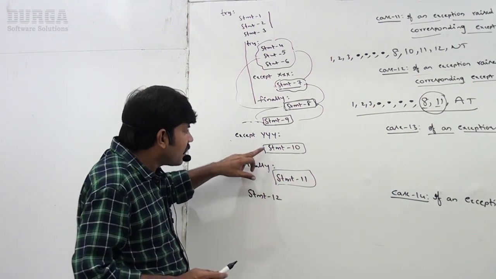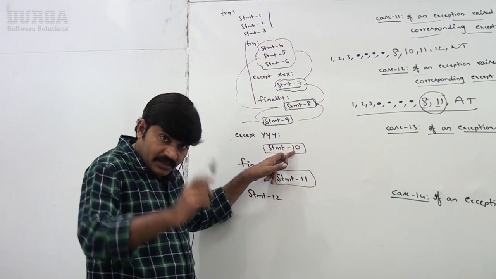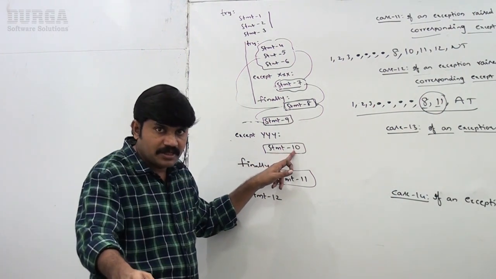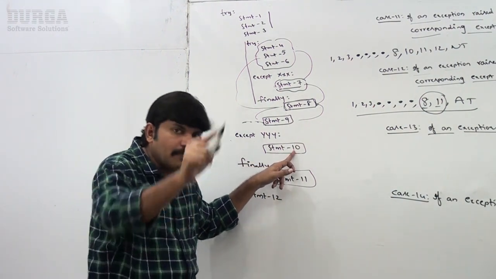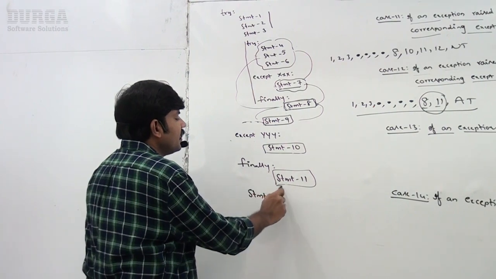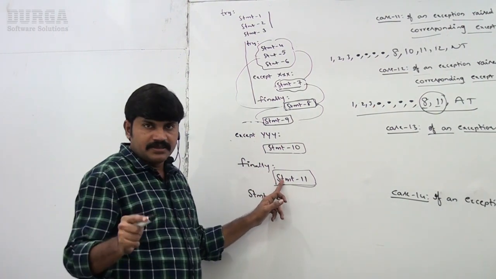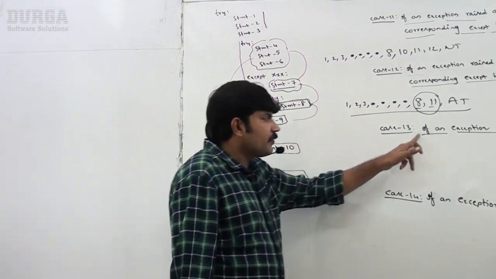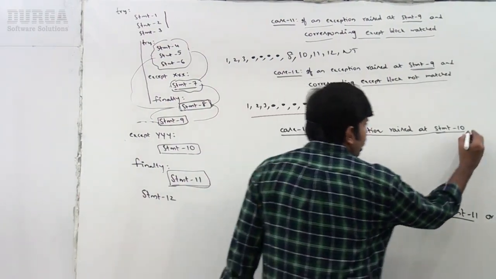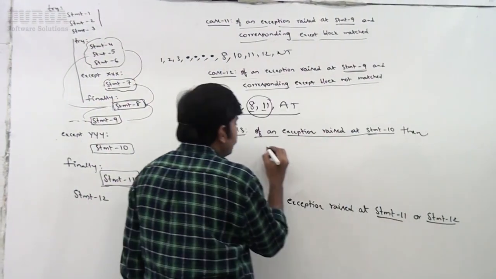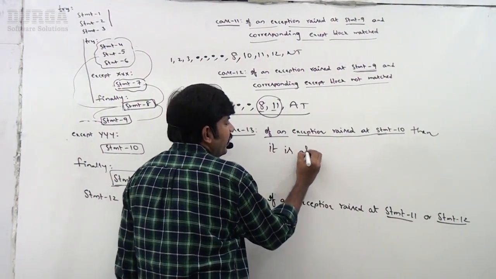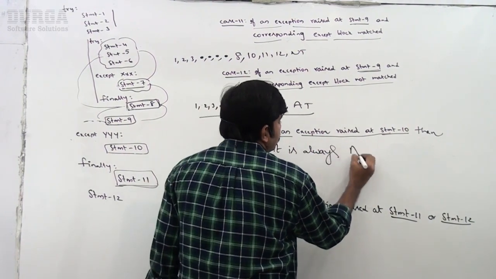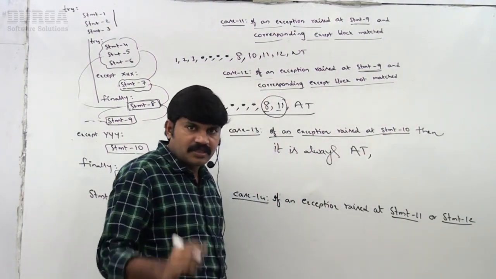So if an exception is raised at statement 10, it is always abnormal termination. But before abnormal termination, the finally block will compulsorily be executed.